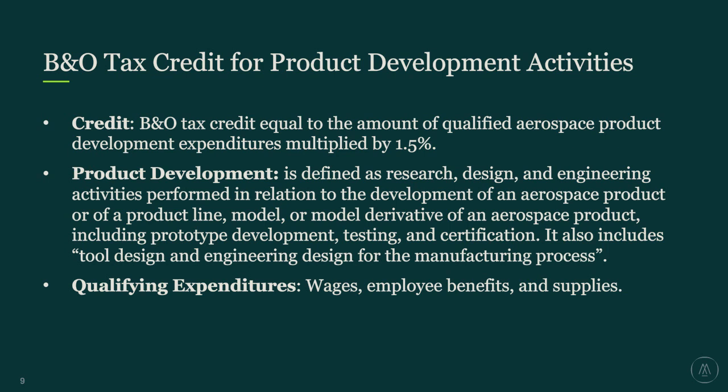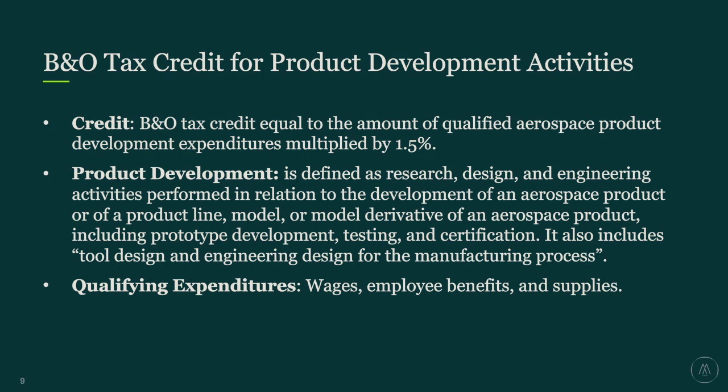And so both companies have these costs related to product development, and the question becomes, who is eligible for the credit? And it's generally the DOR's position that only one of those two companies in that scenario can take the credit.